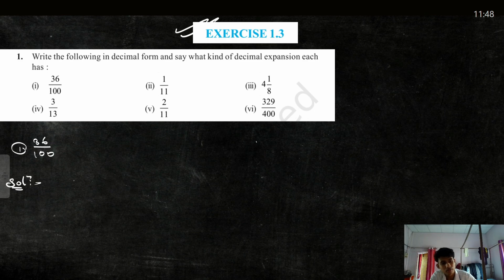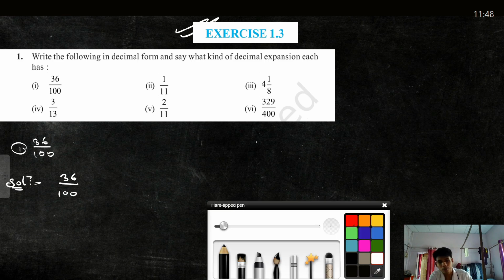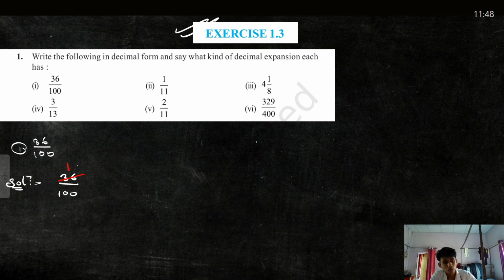Solution. At first, we can simplify 36 by 100 by dividing both numerator and denominator by 2. 2 1s are 2, 2 8s are 16, 2 5s are 10, 2 0s are 0, 2 9s are 18, 2 25s are 50.